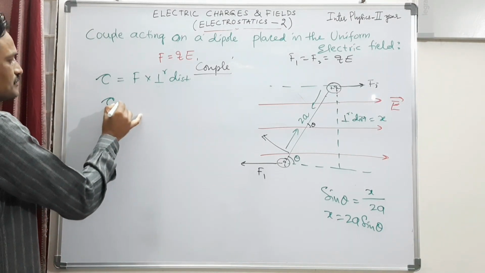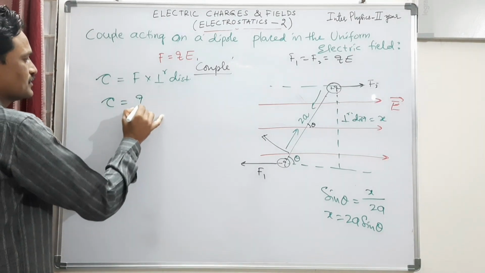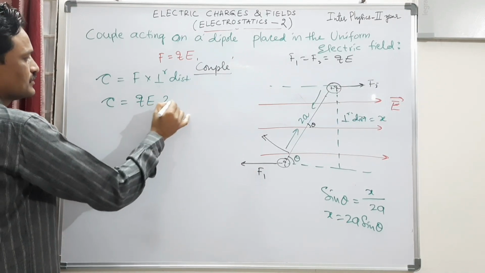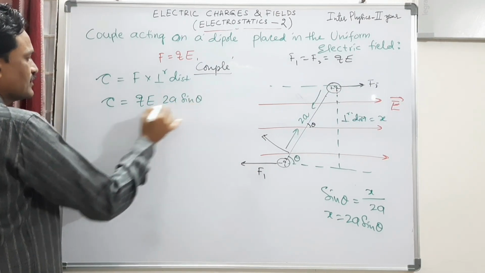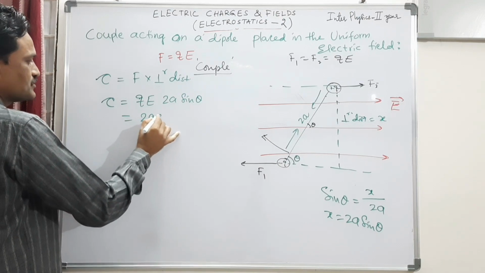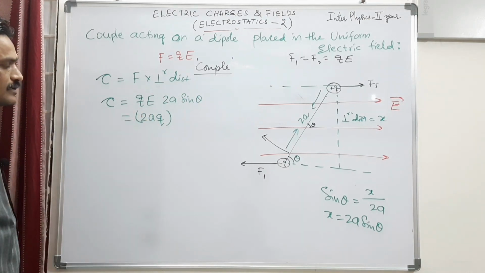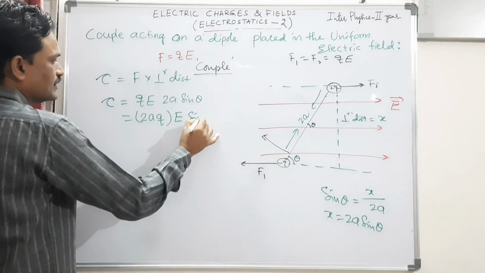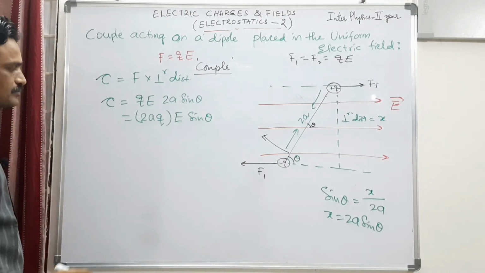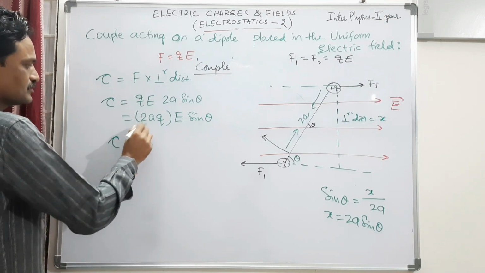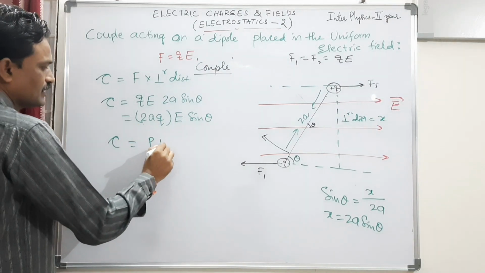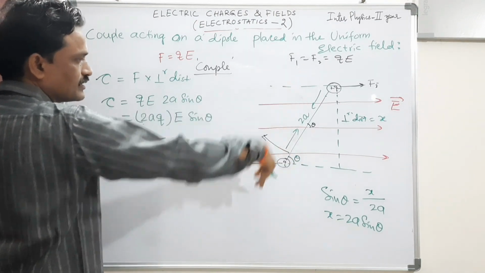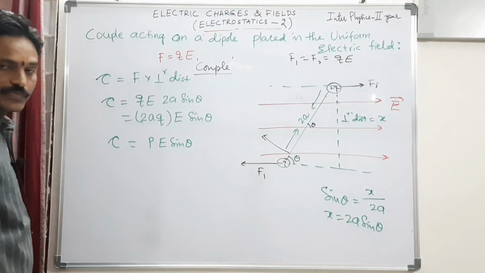So torque tau is equal to F, which is QE, into the perpendicular distance x, which is 2a sin theta. So I can rearrange it as 2aq, in our notation P, 2aq into E sin theta. So this is the expression for tau. I can write tau is equal to 2aq, which is P, into E sin theta. Here theta is the angle between the length of the dipole and the direction of capital E.